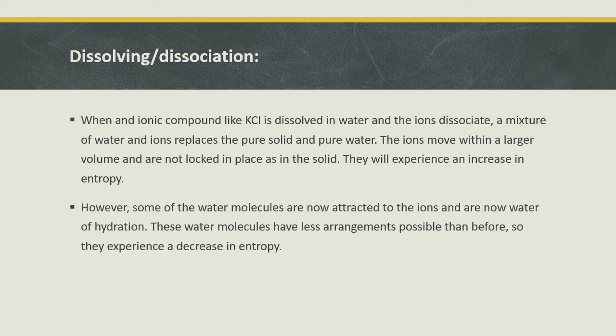However, some of our water molecules now become attracted to the ions and are now water of hydration. So we've drawn this before, but we'd have our ion, say our positive ion, from the potassium, okay? And then we'd have our water where we'd have the oxygen and then its two hydrogens attached.